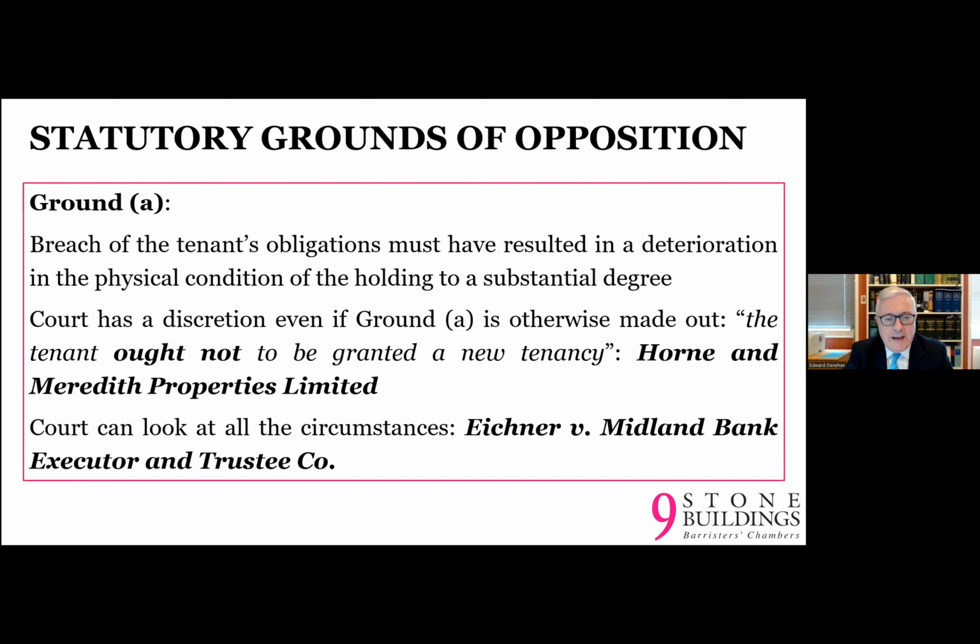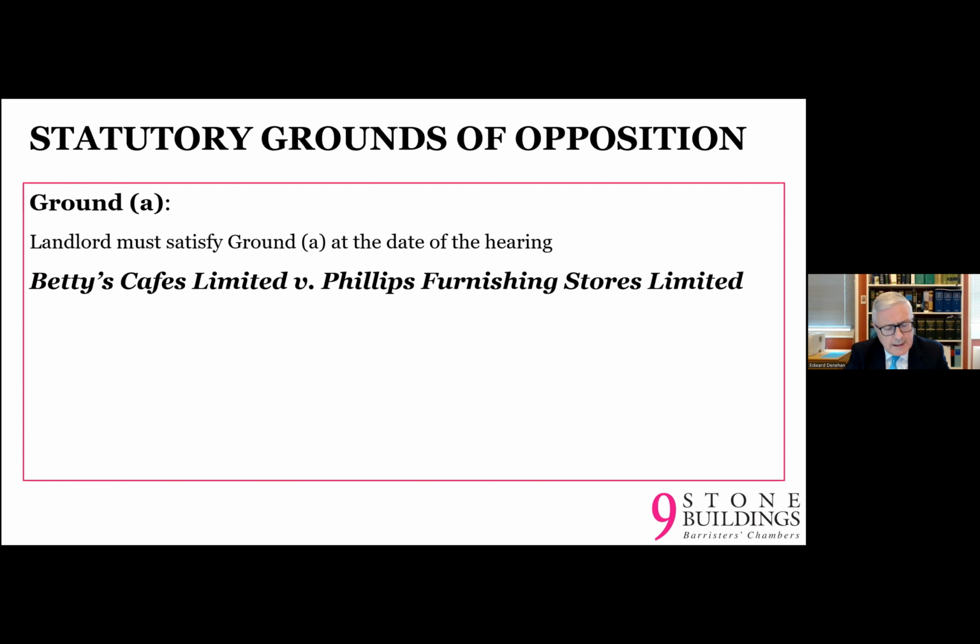The court will take a step back and say, would it be fair and right in all the circumstances to foist upon the landlord a tenant who has historically shown itself to be a tenant who will not comply with its obligations under the new lease? The factors obviously will be the substantial nature of the breaches. They've got to be substantial, which means something more than just above de minimis.